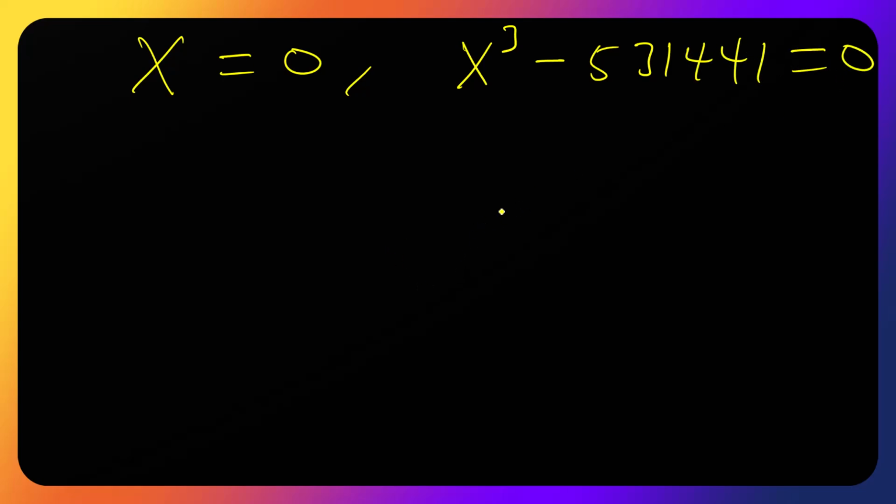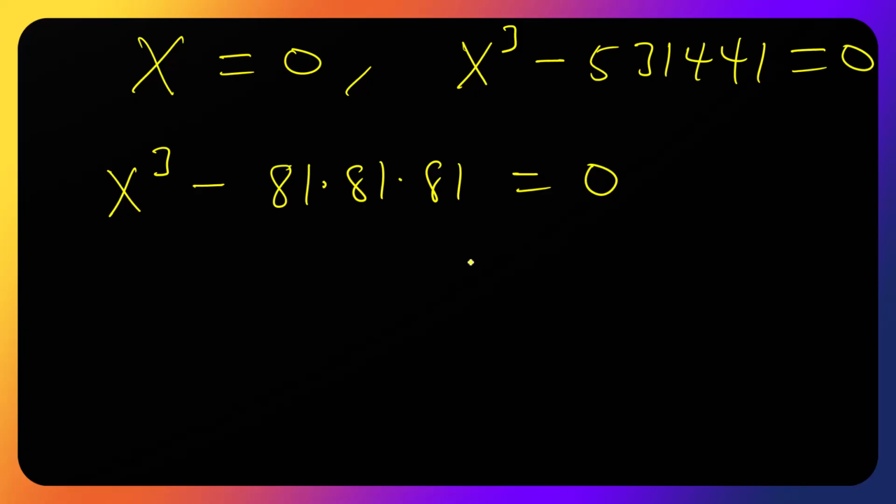Per what we have here, this side is the same as 81 times 81 times 81, so that will be x cubed minus 81 cubed equals 0.